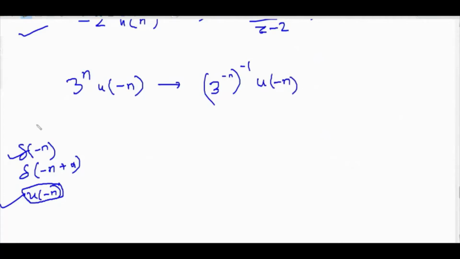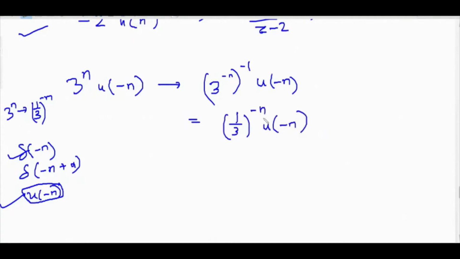Or you can simply write 3 raised to n as 1 by 3 raised to power minus n. So this becomes 1 by 3 raised to power minus n u of minus n.